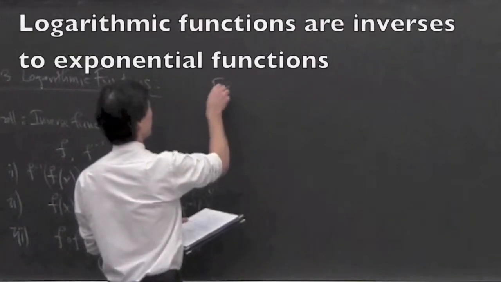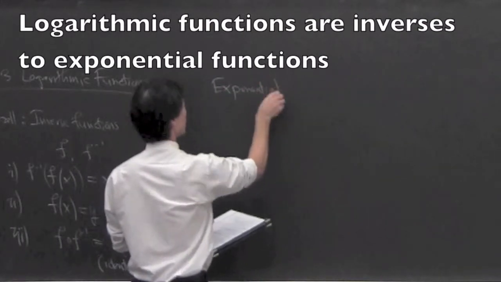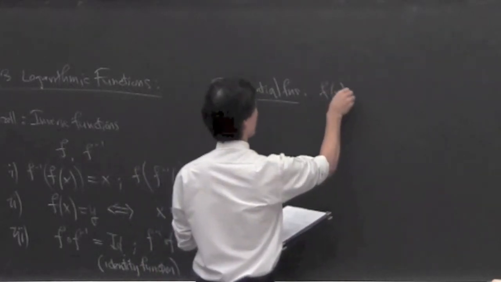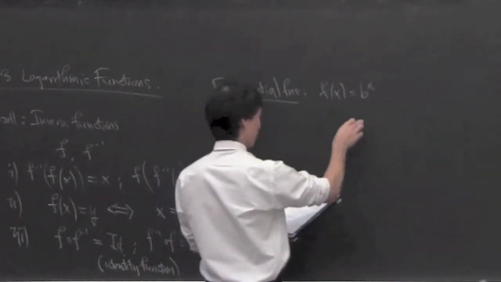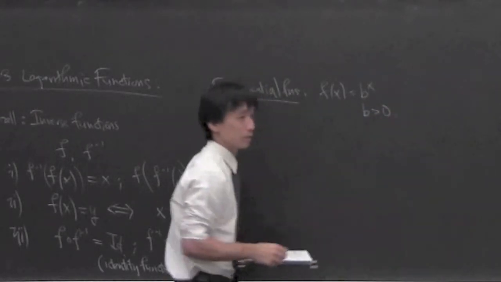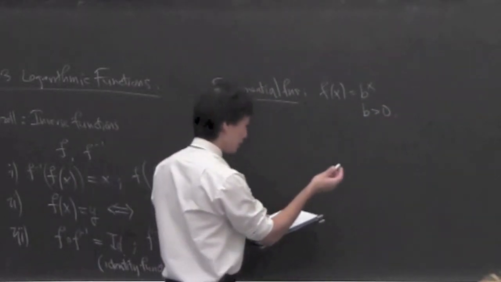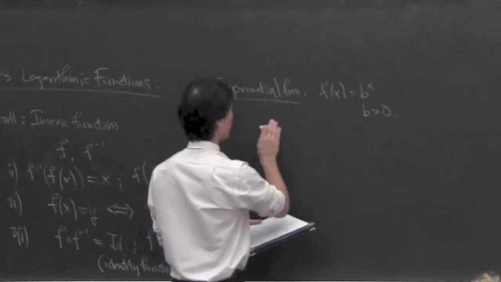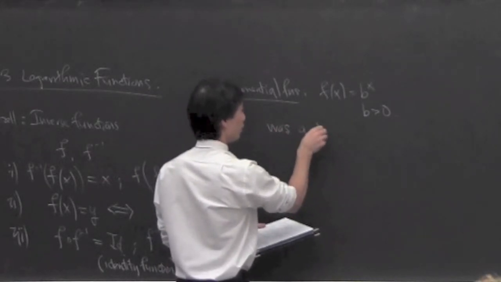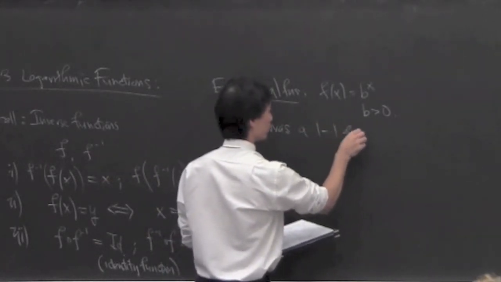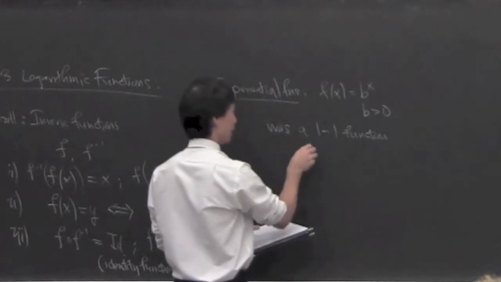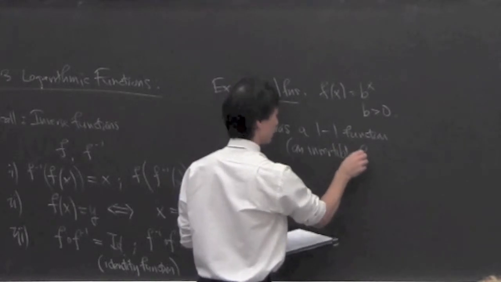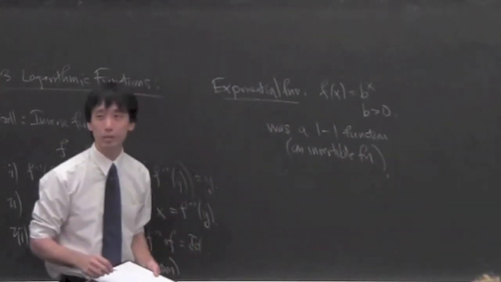Just now, in the last couple of classes, we were talking about these exponential functions. f of x is b to the x, say, where b is some base bigger than 0. And these turned out to be one-to-one functions, invertible functions.